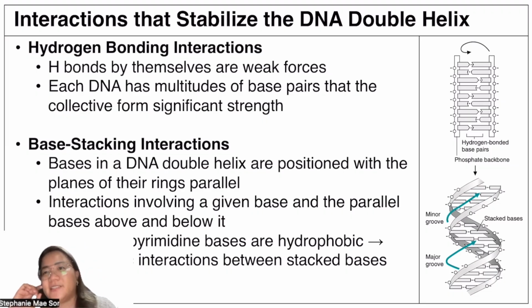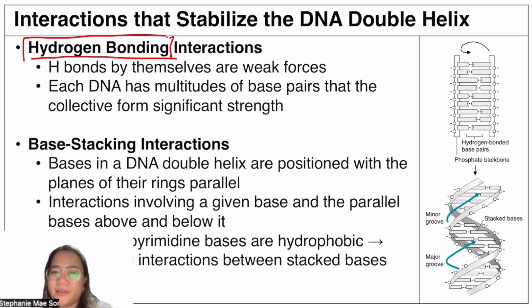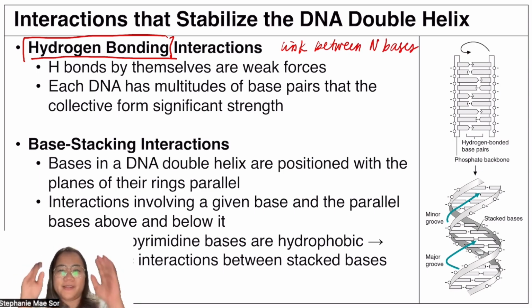So, what are the interactions that stabilize your DNA double helix? Dalawa lang naman sila, pero dahil napakadami nila, it becomes very strong. Okay? So, the first one is your hydrogen bonding interactions. Diba sabi nga natin, parang siyang ladder.